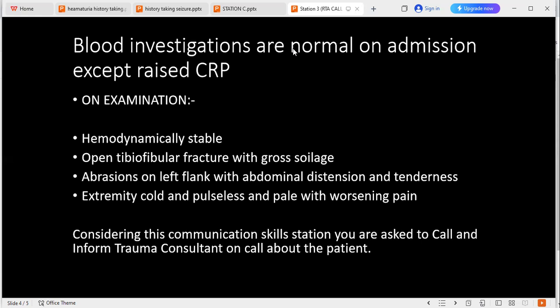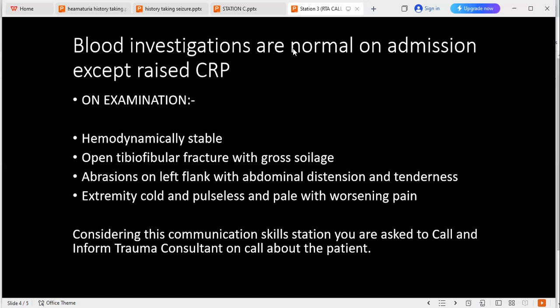Okay. And what do you think the cause of arrhythmia? Of limb ischemia, you mean, or arrhythmia? Arrhythmia. Okay, that could be due to electrolyte imbalance. Okay. What is the differential diagnosis?